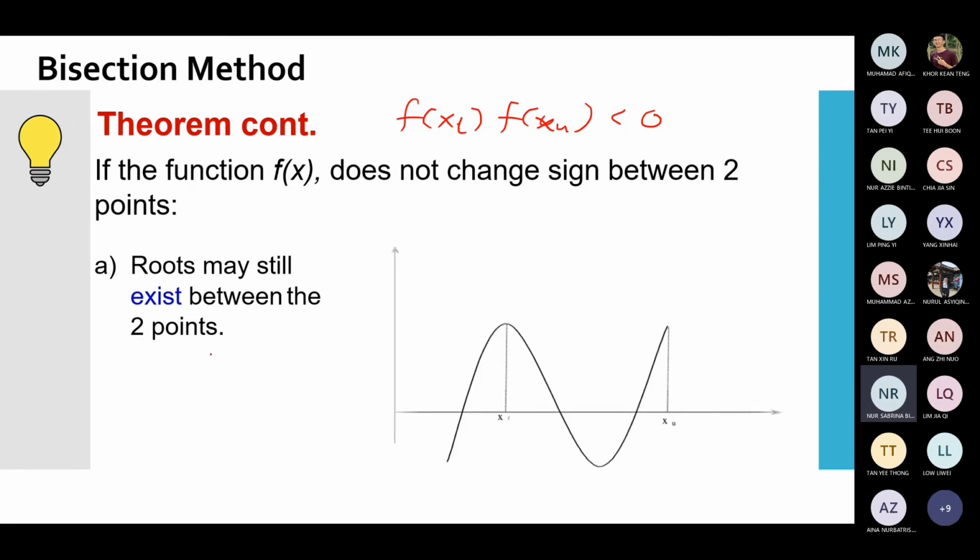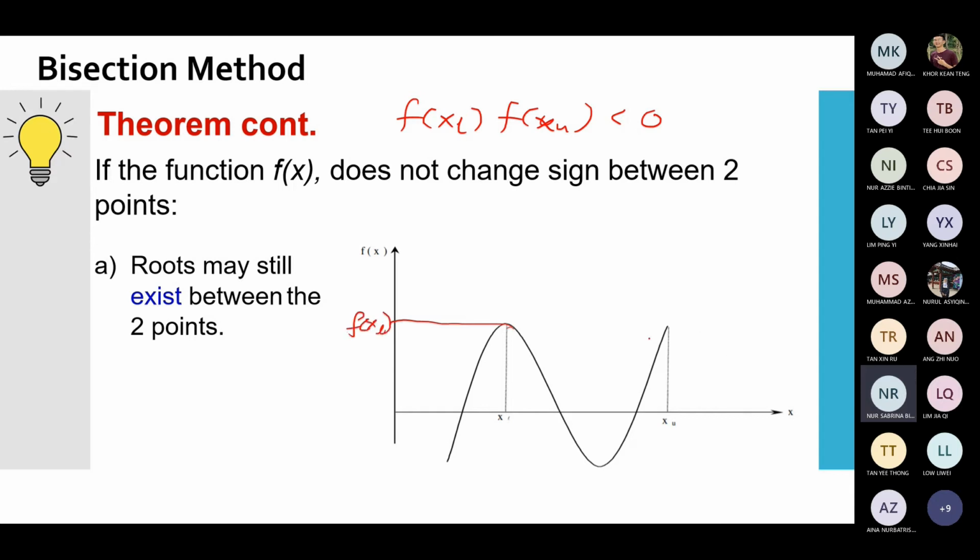If you look at the graph, maybe the points you choose are at some distance. When you choose an initial guess, the graph may show the positive side, so substituting this value gives you a positive value.